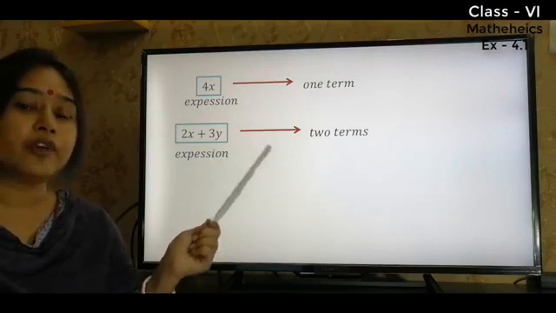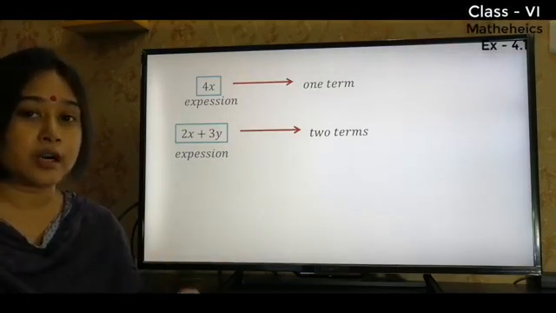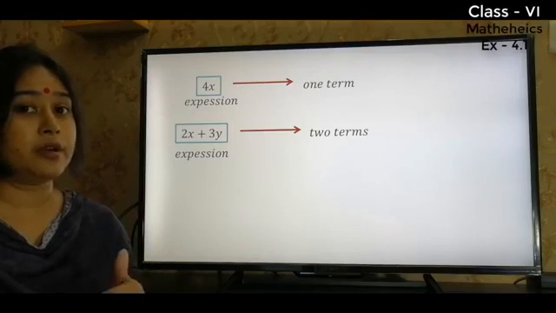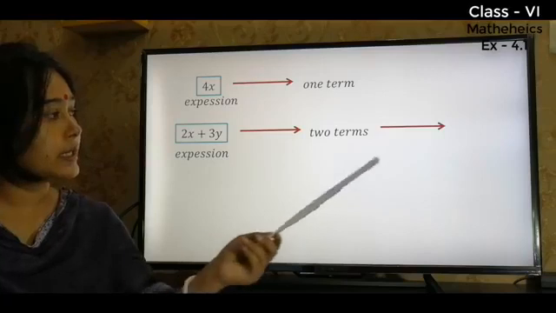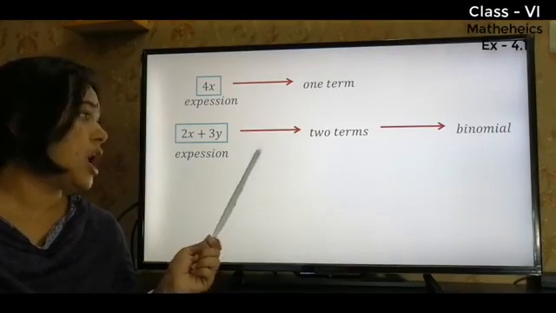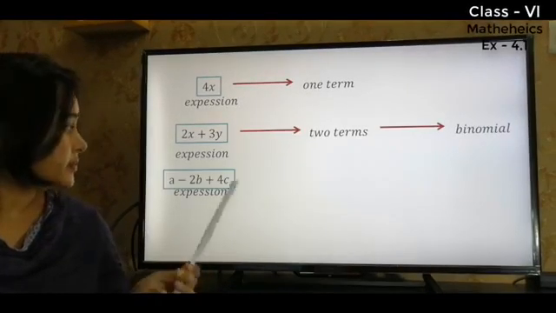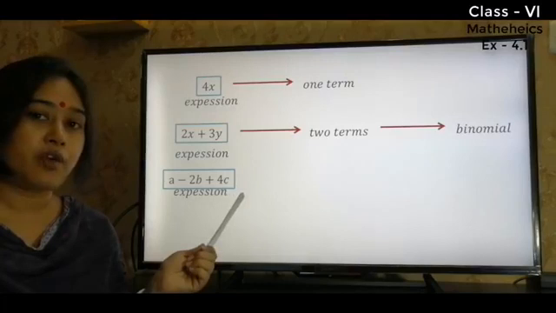So this kind of expression, which has two terms, we can also call a binomial. What is the name of this kind of expression? Binomial. And here, a minus 2b plus 4c.